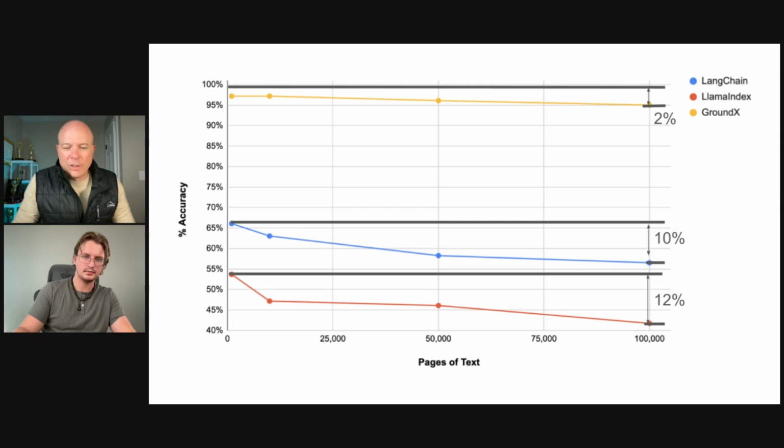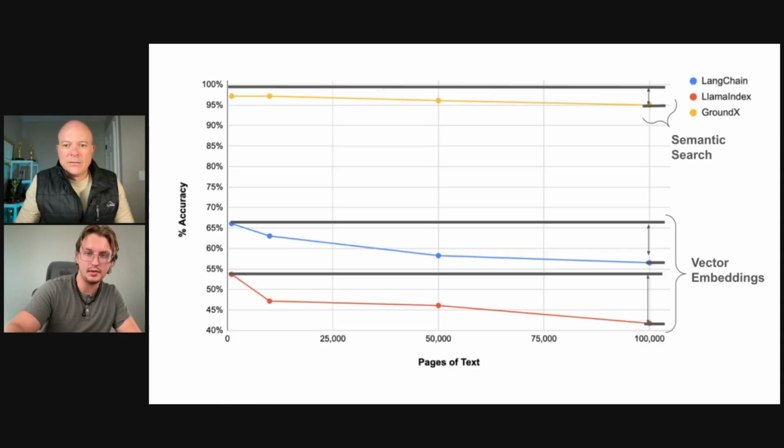Not so much that LangChain or LlamaIndex are doing anything wrong as an orchestrator, but the underlying technology that most people have chosen to store their data, being vectors, has this kind of liability as you scale. Is that a correct summation of the situation? That is my thinking, and that's our thinking.